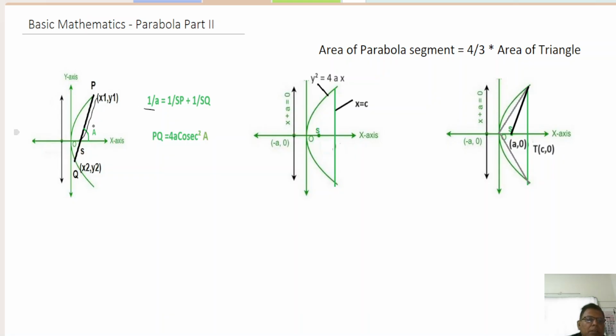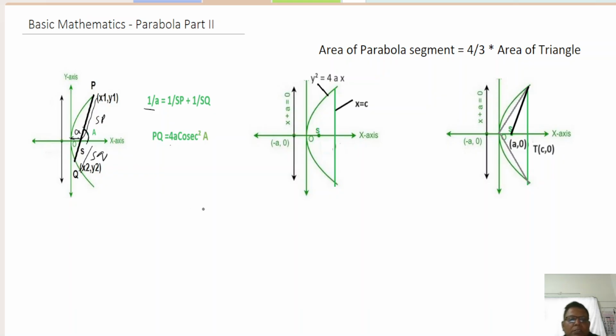SP is this one and this one is SQ, and this length is A. And another is PQ, focal chord length, which will be equal to 4A into cosec square alpha. What is alpha? This angle is alpha, the angle made by the focal chord with the positive x-axis.